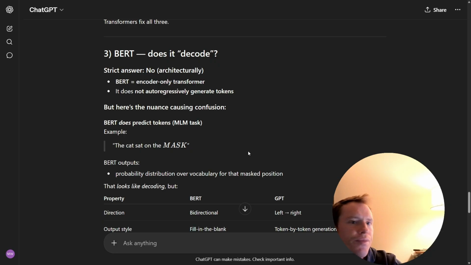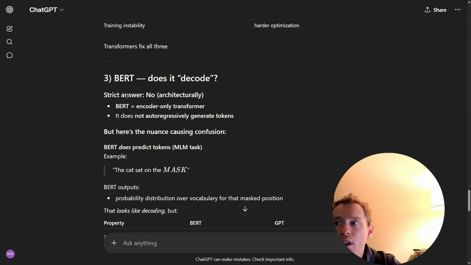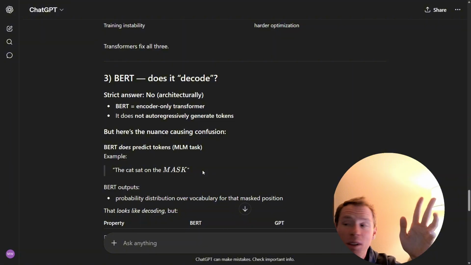And then to clarify further, BERT does not do decoding. It just does encoding. It's possible, as I was researching, I was just looking at the encoding problem. And this is maybe the nuance of why I was thinking it does decoding, because it does predict tokens, but it does so with what it says is an MLM task.